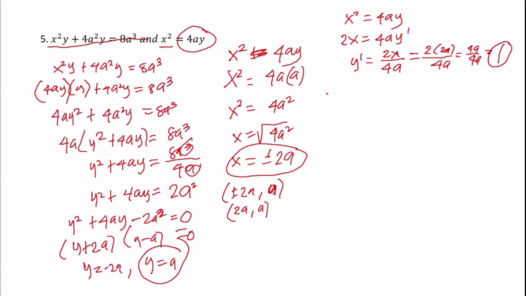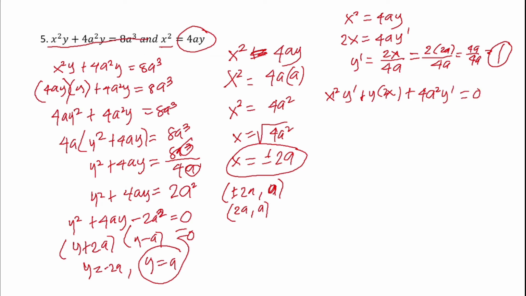So therefore this is x squared y prime plus y times 2x plus 4a squared y prime is equal to 0.